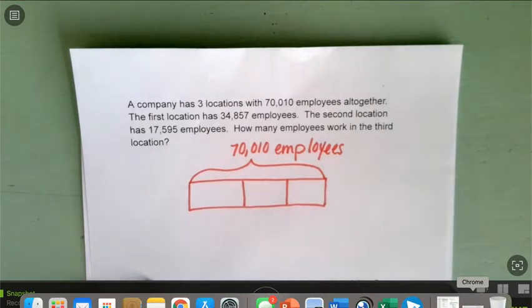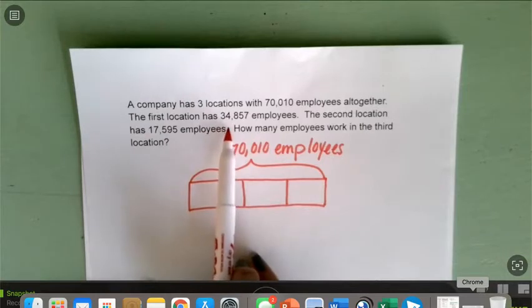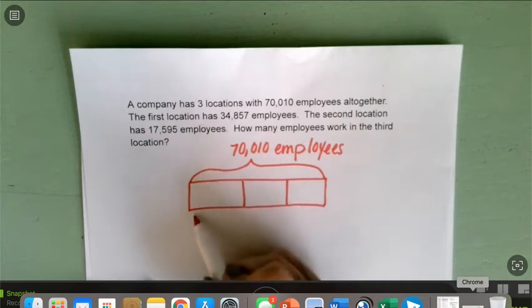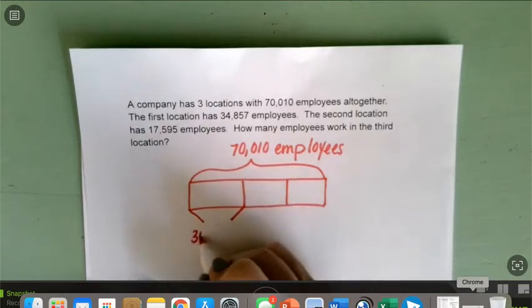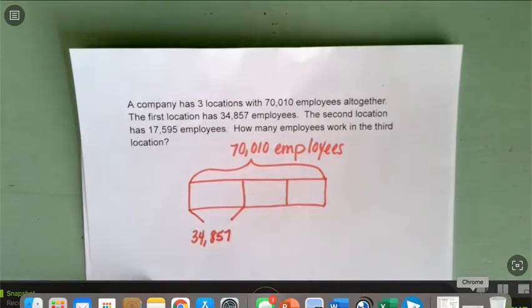Let's read the second chunk together. The first location has 34,857 employees. Can we add something to our drawing with this new information? Yeah, we can label one of these sections 34,857 employees. Let's read the next little chunk.